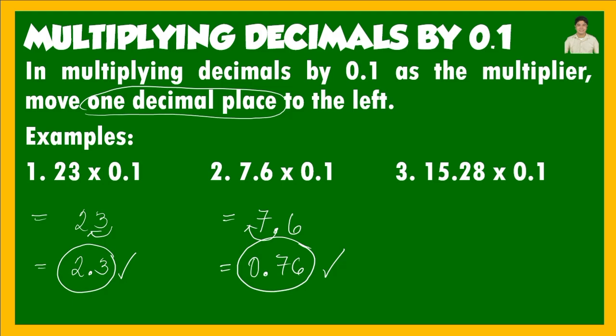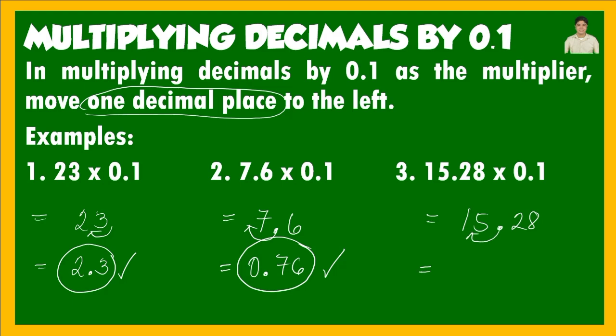Next, 15.28 times 0.1 or 15 and 28 hundredths times 1/10. Sulat natin yung given na 15.28. And then, mag-i-start tayo ng pag-move doon sa decimal point, syempre. So, mag-move tayo 1 decimal place to the left. 1.